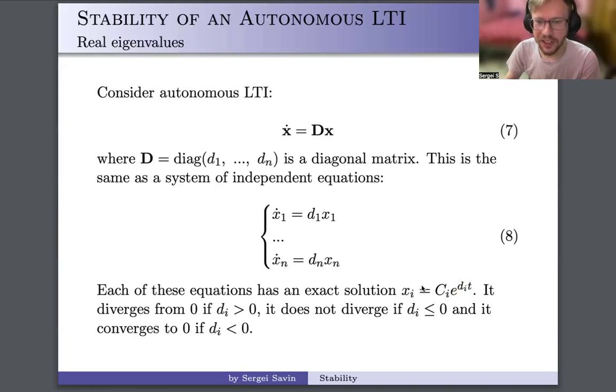Now, if d is equal to 0, the solution will stay in place, so the solution will be just xi equals ci. So three possibilities. If d is less than 0, we converge to the origin, to 0. If d is more than 0, we diverge to infinity. If d is equal to 0, we stay in place. So three possibilities.